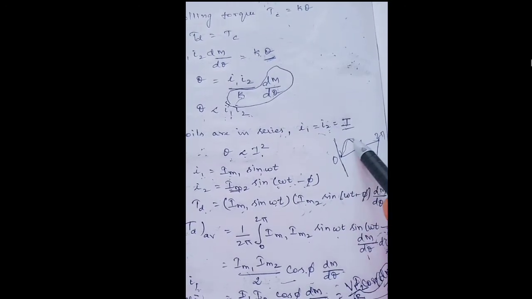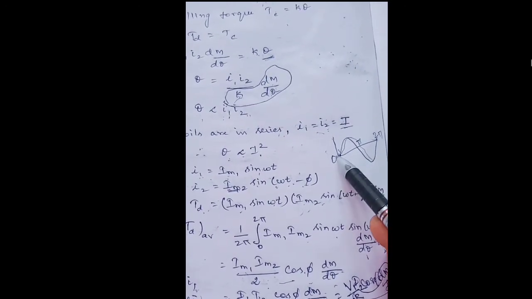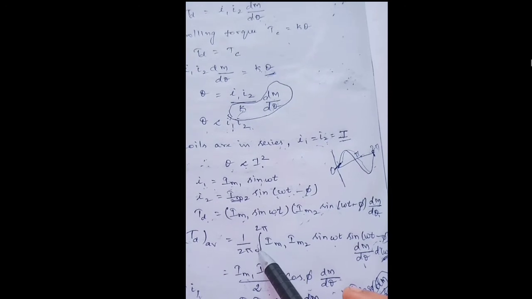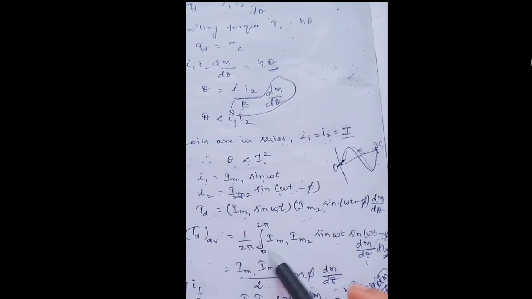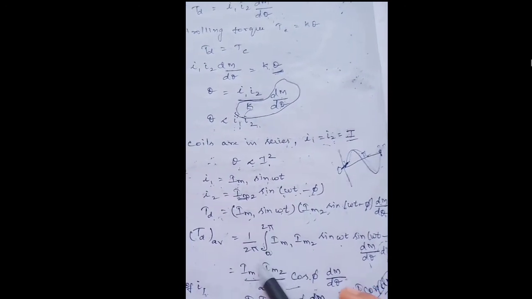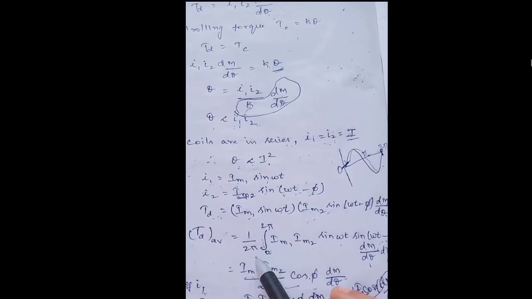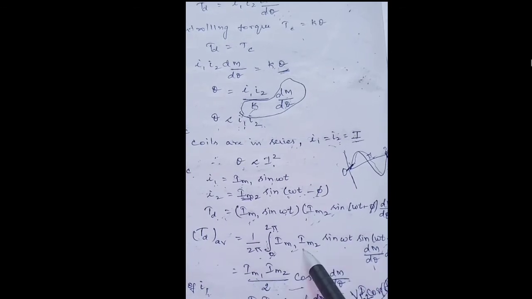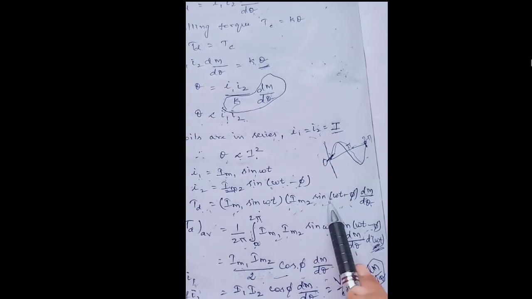For measuring the AC values of current, it is measured over a particular time duration starting from 0 to 2 pi. So I am going to integrate this TD value over a time period 0 to 2 pi. So we get 1 by 2 pi, integration 0 to 2 pi, Im1 Im2 sin omega t sin of omega t minus phi dm by d theta d of omega t. With respect to omega t, we are going to integrate the above equation.